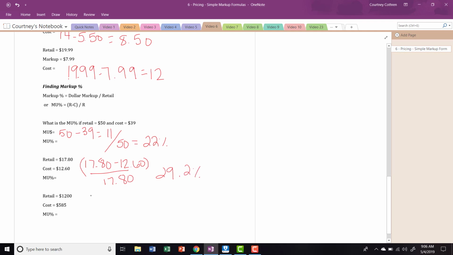And then down here, 1200 is my retail minus 585 cost divided by retail of 1200, and this markup is 51.3%. And that is very simply how you do markup, which you will use every day.